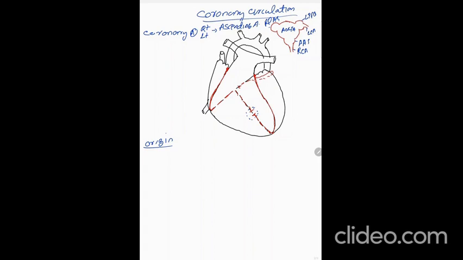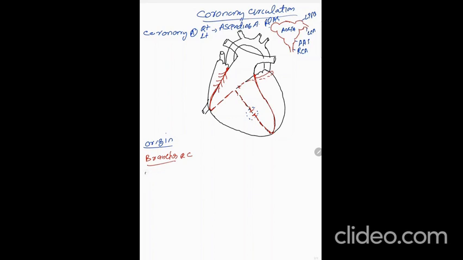Now we can see the branches. Right coronary artery, what are the branches? When this artery is on the sternocostal surface, it gives many branches to the right atrium and to the right ventricle. So these are the atrial branches.